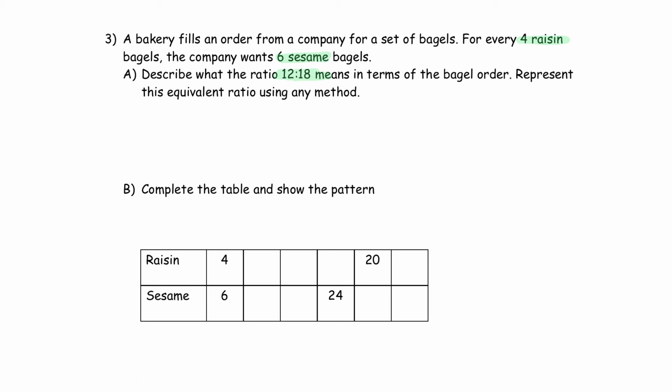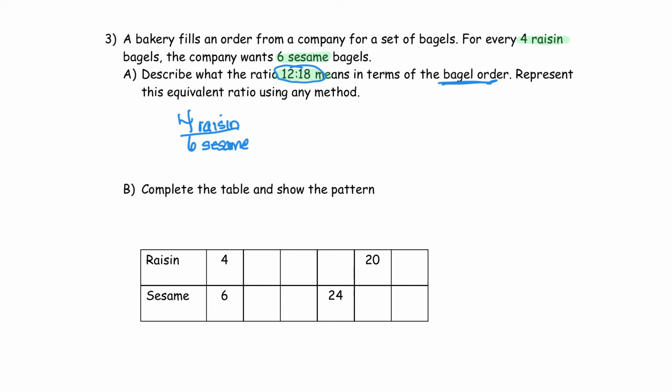So for 4 raisin, and you can write this down, follow along. 4 raisin, they want to order 6 sesame. So I can see my ratio is 4 to 6. For every 4 raisin, I need 6 sesame. But now they're asking me, what does this ratio 12 to 18 mean? So I have to think in terms of the bagel order. Represent this equivalent ratio using any method.